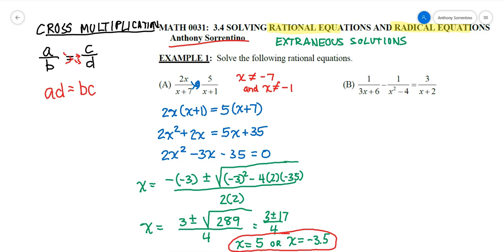But if I end up getting a solution that went against this, I'd have to throw it out. So that's where the extraneous solution comes from, because as I work on this equation and I go through the solution process, every step along the way after the initial equation, I'm assuming that both sides of this equation existed.